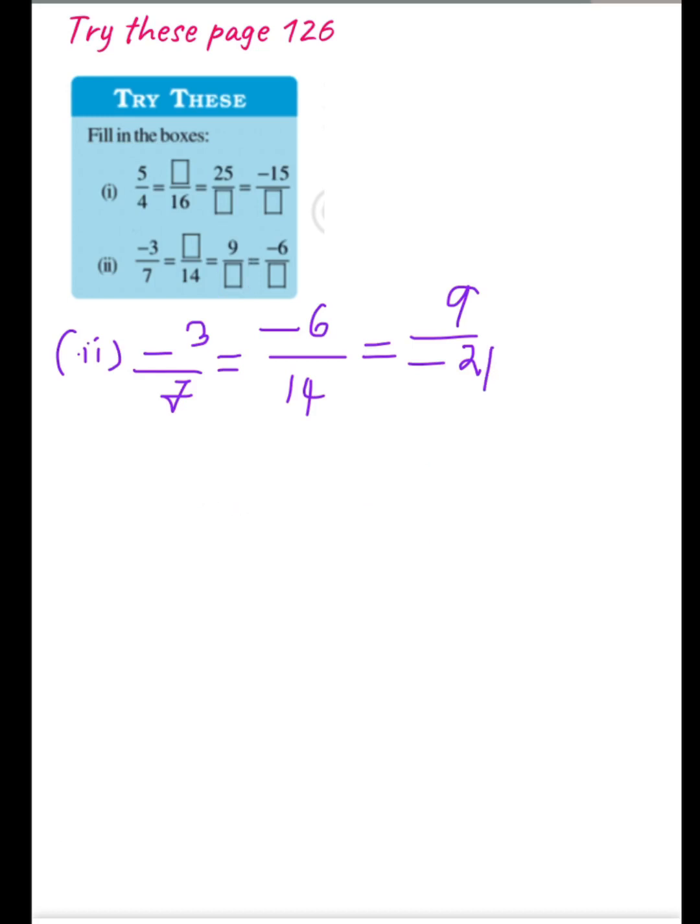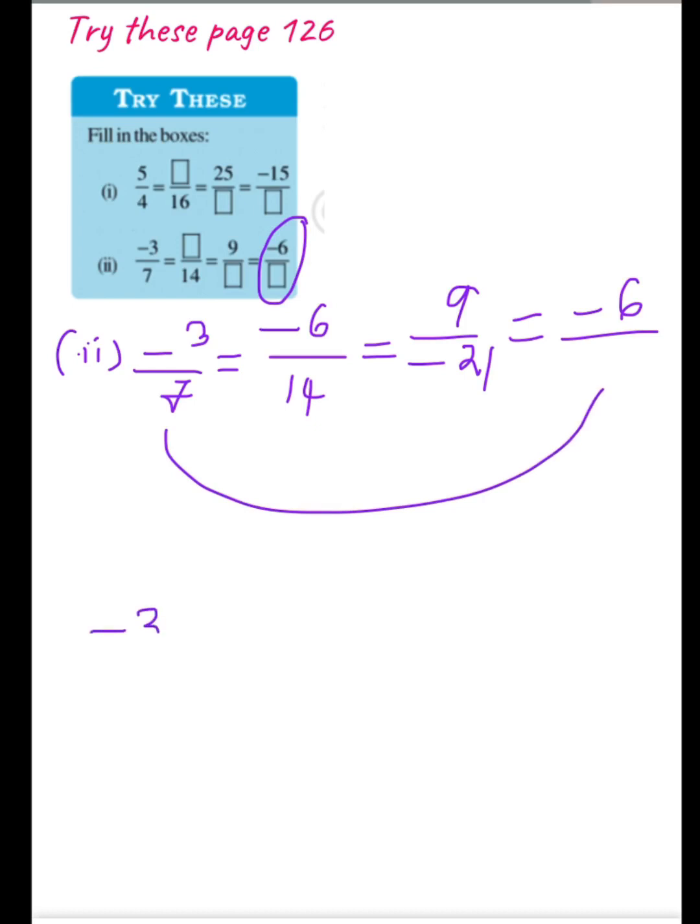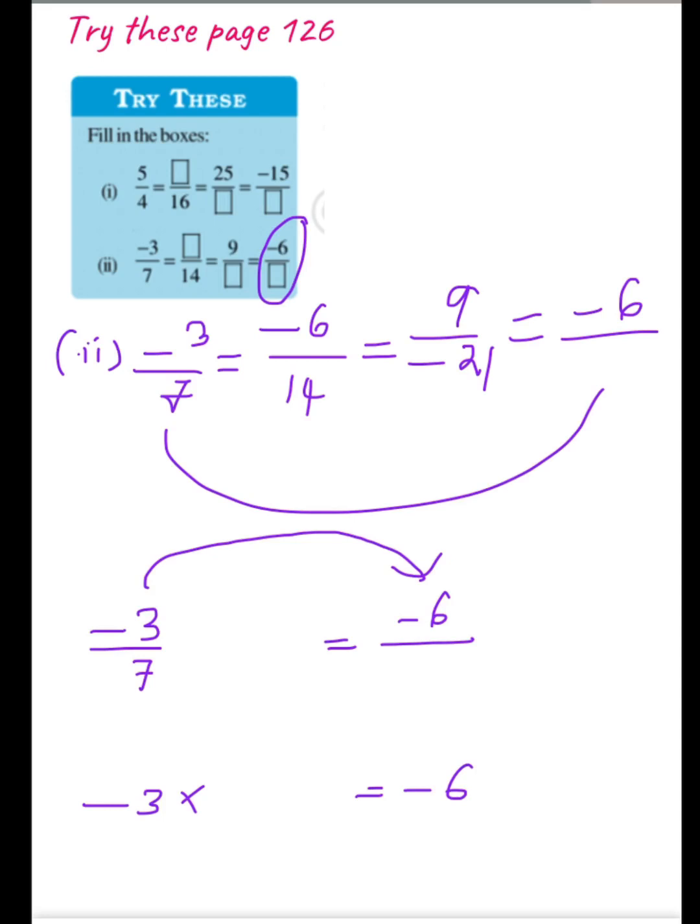Okay, now let's see the next. Now next one is minus 6 by dash. So let's compare these two. Minus 3 by 7 equal to minus 6 by dash. So when you multiply this minus 3 with something, you will get in the answer as minus 6. Minus 3 into something equal to minus 6.